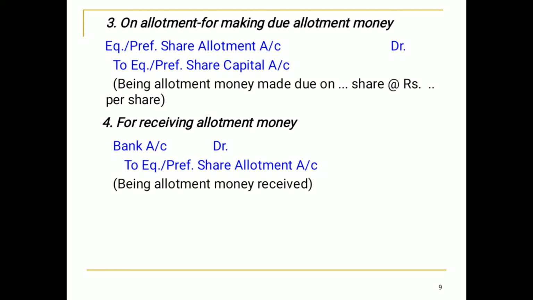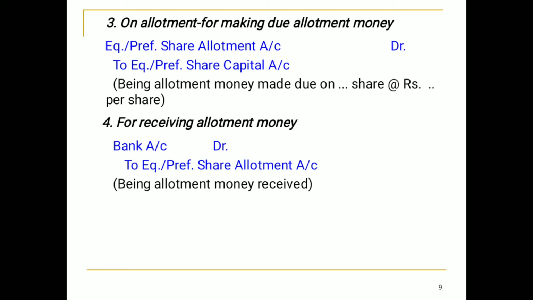Yes, this journal entry is for making allotment money due. Then the journal entry is for receiving allotment money. Of course, whenever you receive an amount, bank account is always debited to share allotment account. This is the amount of allotment which is received. So the narration says being allotment money received.